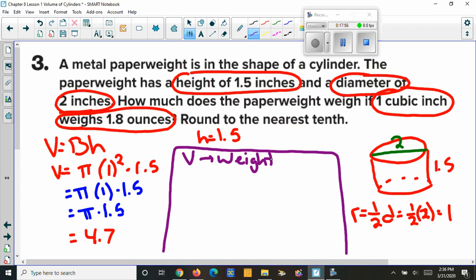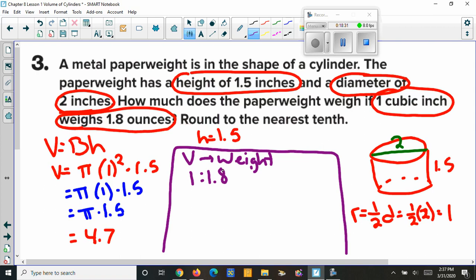The weight has a scale factor here of 1 cubic inch. One cubic inch is 1.8 ounces. I want my answer to come out as ounces. So 1 to 1.8.